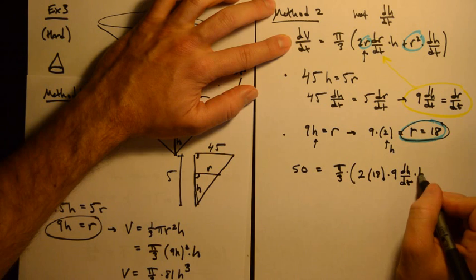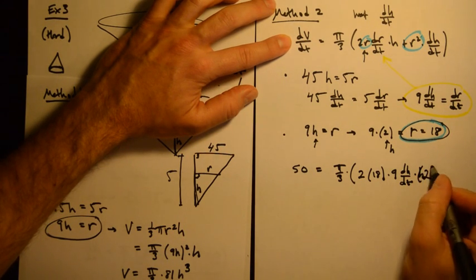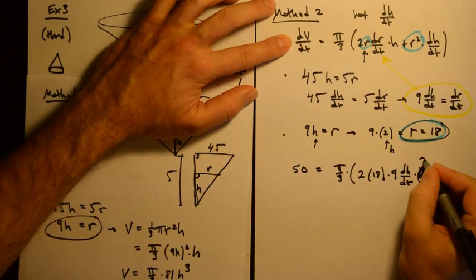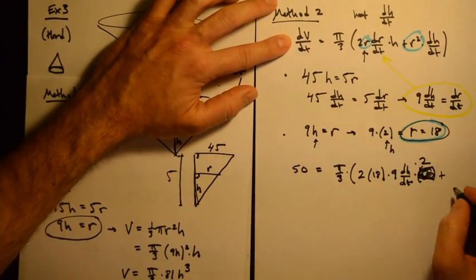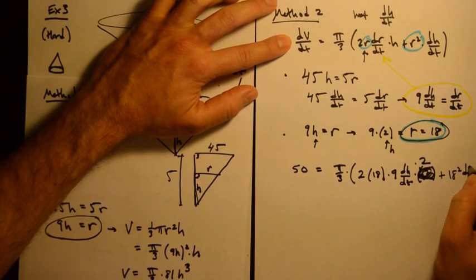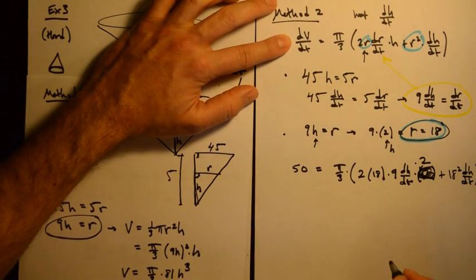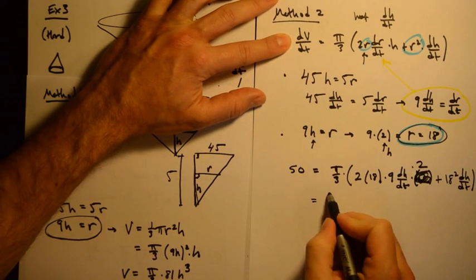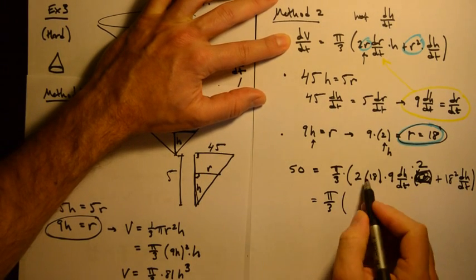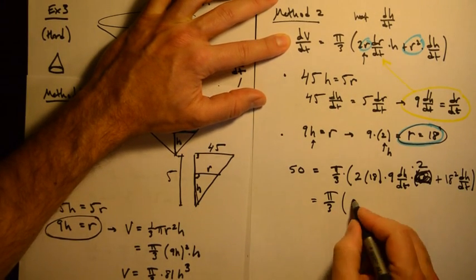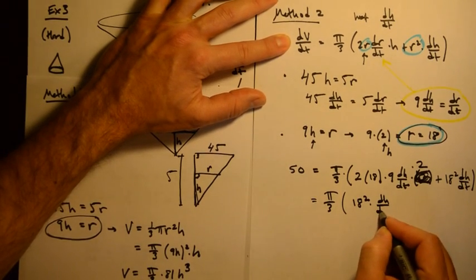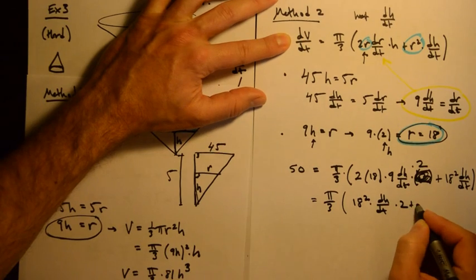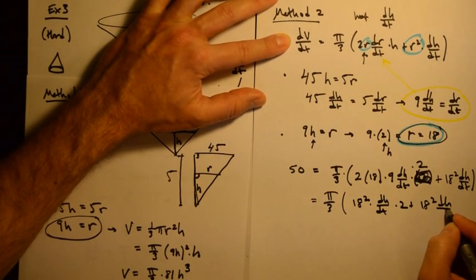Let's put a 2 in here, times 2, plus r squared, so 18 squared, times dh/dt. So this one is going to be pi over 3. We can simplify this to be 18 squared times dh/dt times 2 plus 18 squared dh/dt.